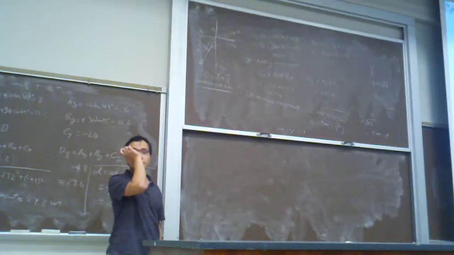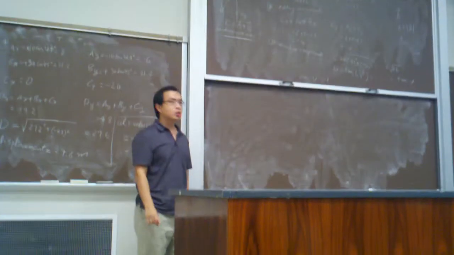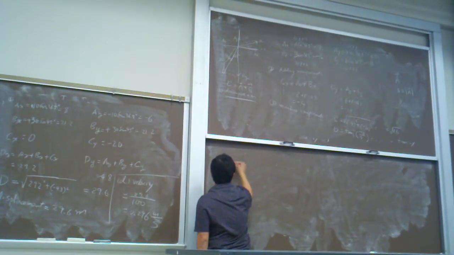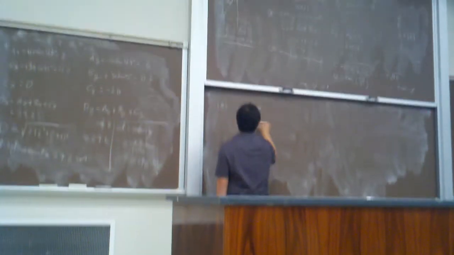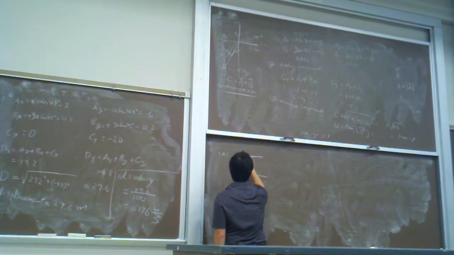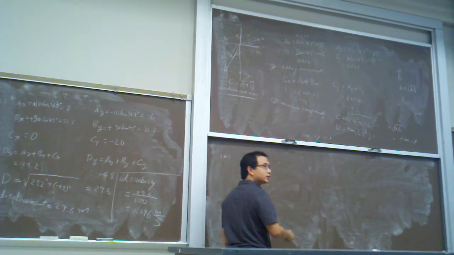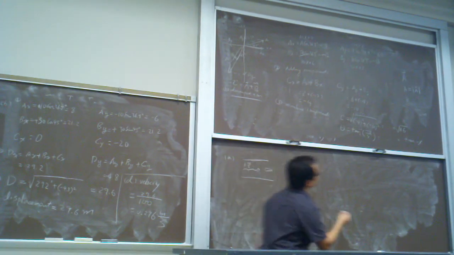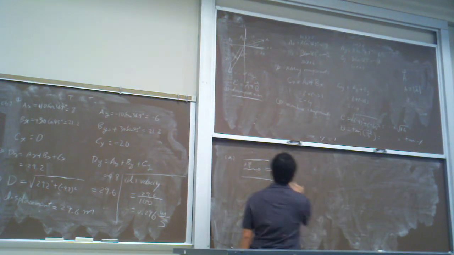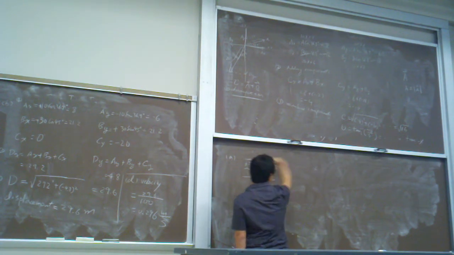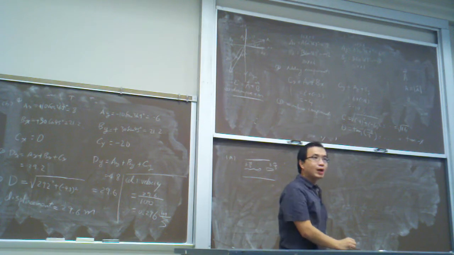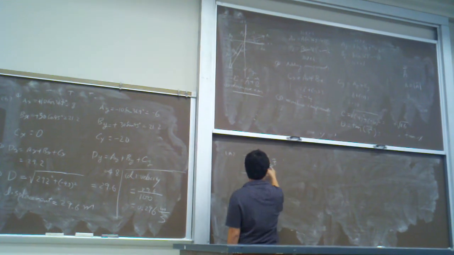I just want to use this to illustrate what we mean by relative speed. So if the river flows at 6 meters per second, and the boat is moving relative to the water at 8 meters per second, relative to the ground or the bank, what is the velocity of the boat?